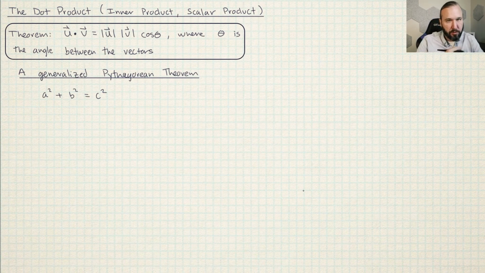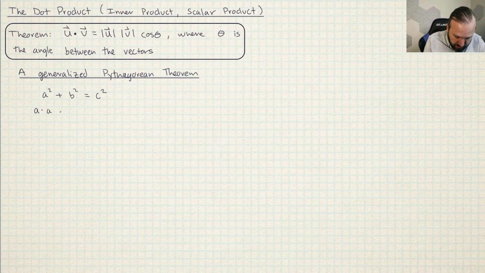The easiest way for me to understand the dot product and where all of this magic comes from is by trying to connect it back to the Pythagorean theorem. So if you just think about what the Pythagorean theorem is doing, a squared is really just a times a, plus b squared is really just b times b.